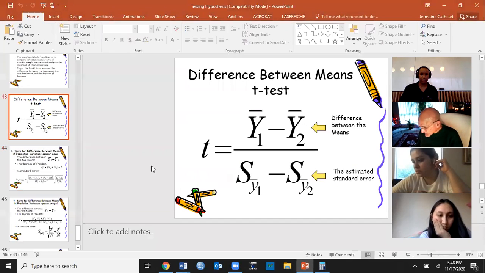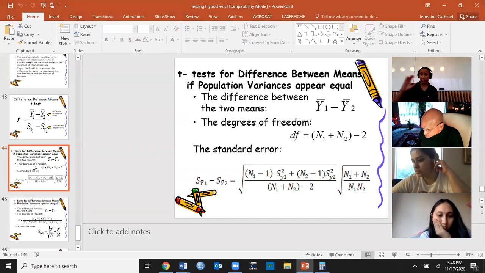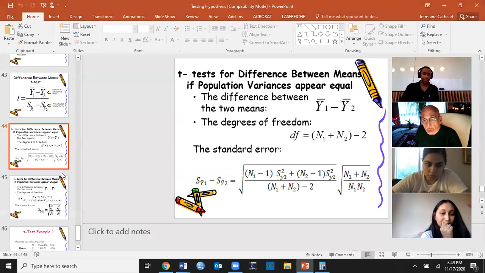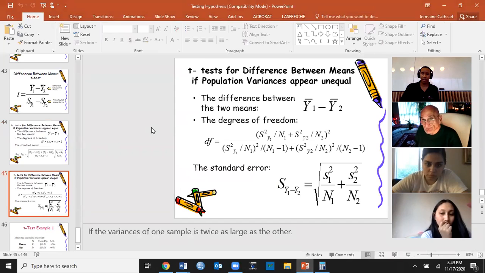So again, just like the bottom part of this equation changes depending on whether or not you have equal versus unequal variances, the degrees of freedom changes depending on whether or not you have equal versus unequal variances. So if the variances are equal, then it's pretty simple. It's right here. Okay, your degrees of freedom is n for the first sample plus the n of the second sample minus 2. But if the variances are up here unequal, then the degrees of freedom formula is this, which don't worry about it on the exam.